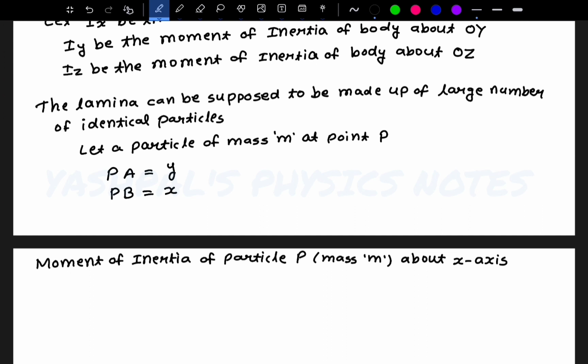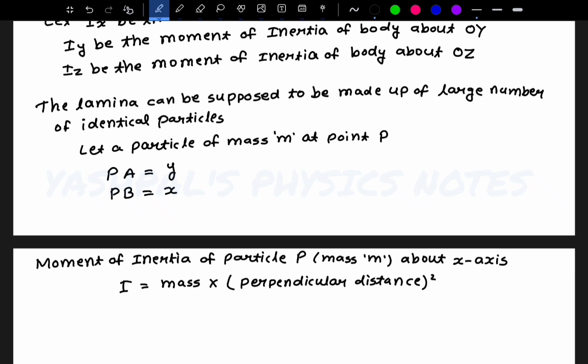We know the formula of moment of inertia: moment of inertia is the mass into the perpendicular distance squared. This is the formula of moment of inertia.